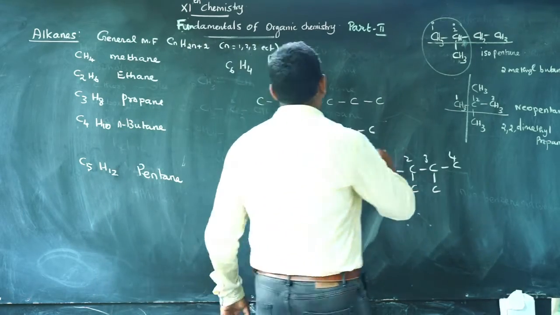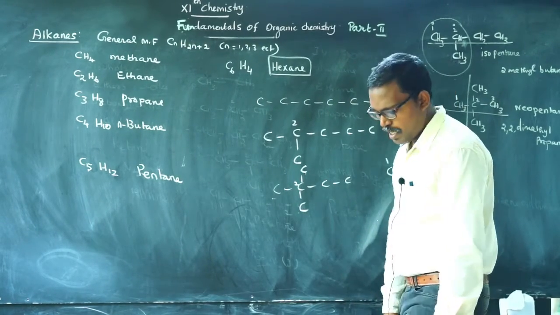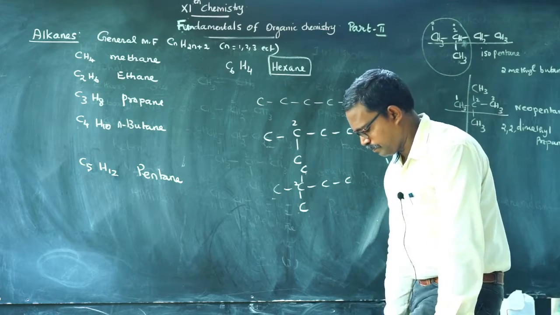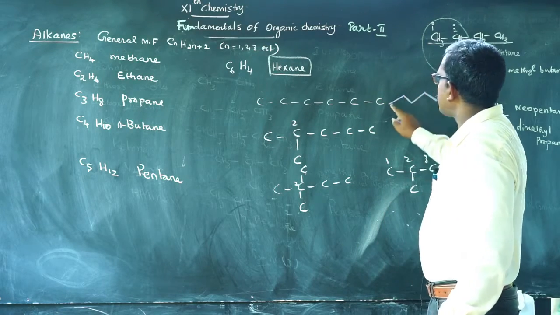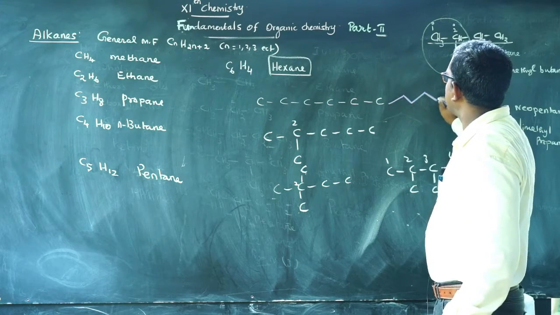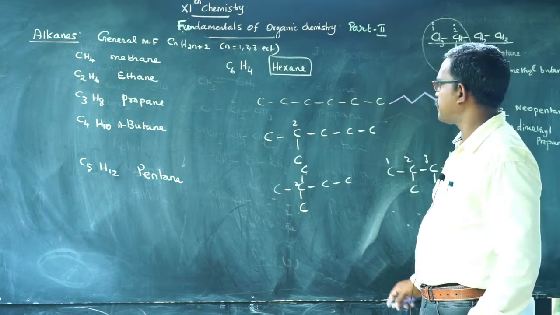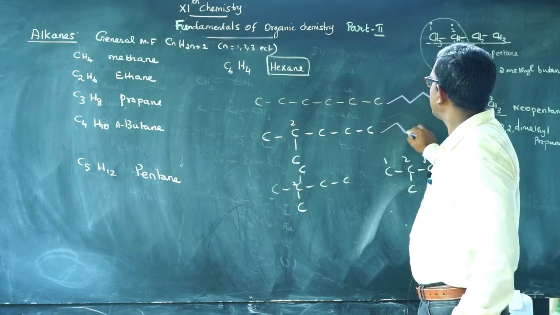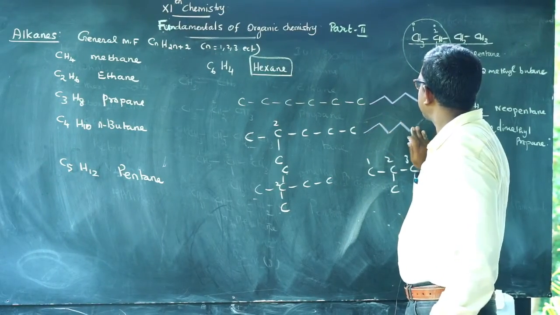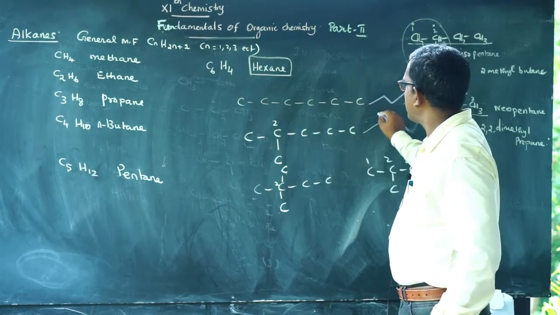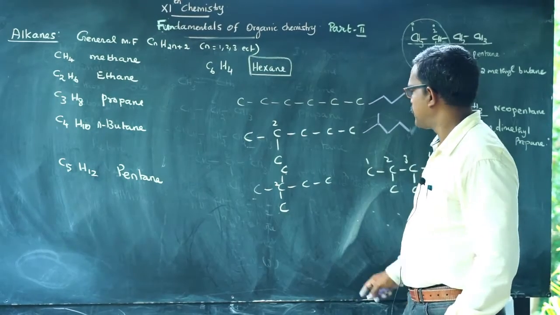How to draw the bond line representation? One, 2, 3, 4, 5, 6: 6 carbon atoms. Here 1, 2, 3, 4, 5, and on the second carbon one methyl group is present.